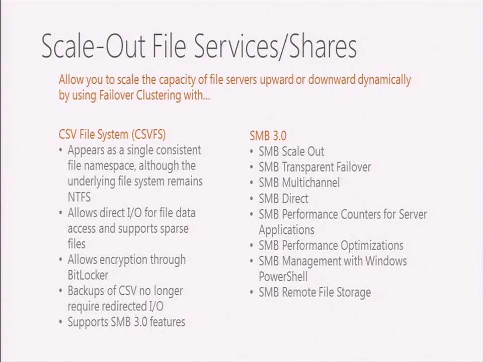So exposing or expanding this capability of continuously available to CSV or cluster shared volumes, taking advantage of a lot of the new capabilities that's built into SMB 3.0 that now comes with Server 2012 for the SMB scale out, using SMB Direct and multi-channel to take full advantage of the bandwidth that's available, allowing direct I/O for the data access, and really exposing capabilities for these continuous file shares to not just store data like Word documents or Excel documents, but to actually store data that is continuously writing, such as a SQL database or a Hyper-V cluster, so that all the VMs and the VHDs are stored on that continuously available file share.